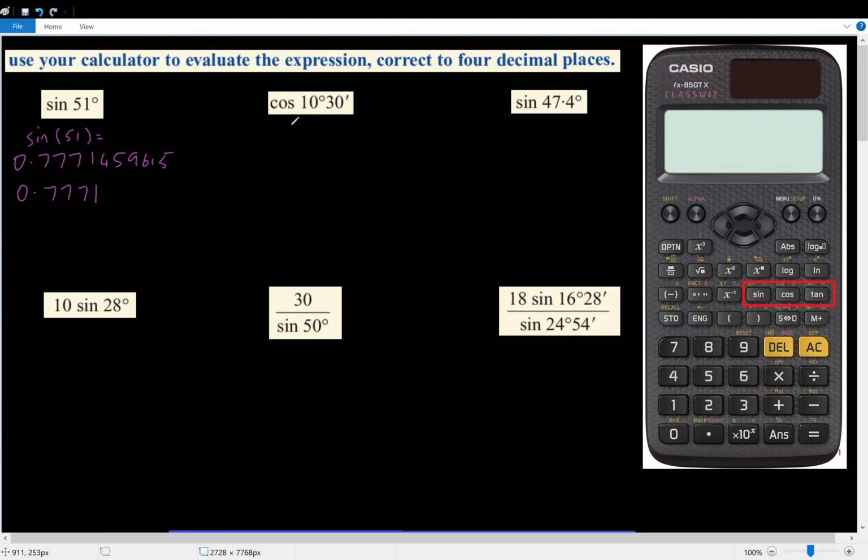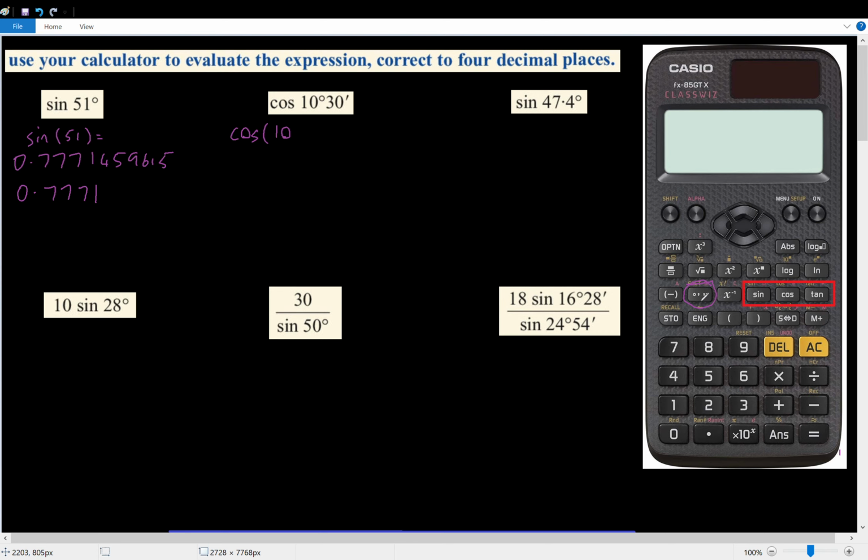So for this one, you're going to press the cos button, which will give you cos bracket on your screen, and then you're going to put in 10, and then we're going to use the button over here that has the circle followed by the quotation marks. That's the degrees, minutes, seconds button.